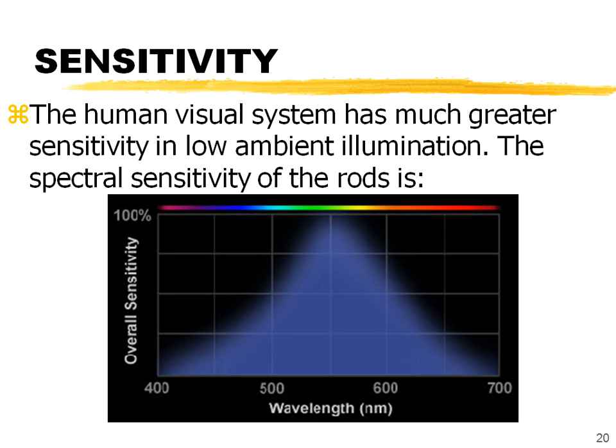On the other hand, for the rods, there's a sensitivity curve across the entire spectrum. It turns out that they typically have the highest sensitivity around 550 nanometers. But they still have a full range across 380 to 770.